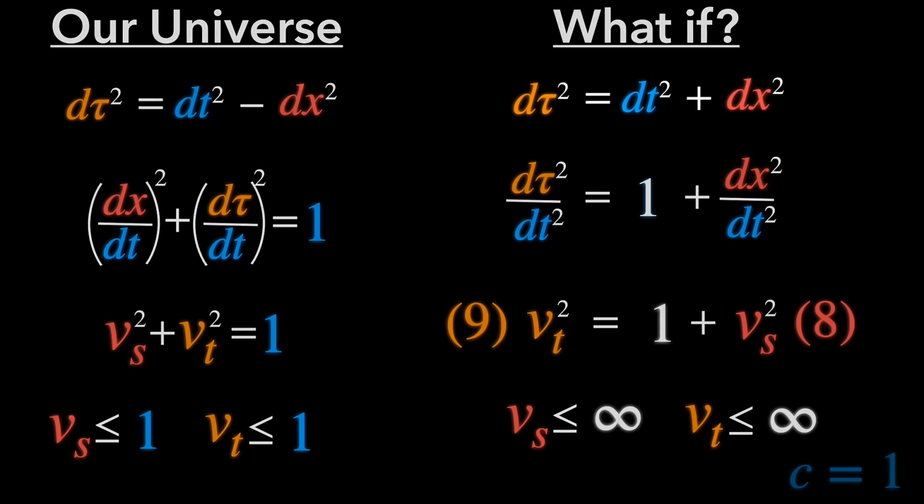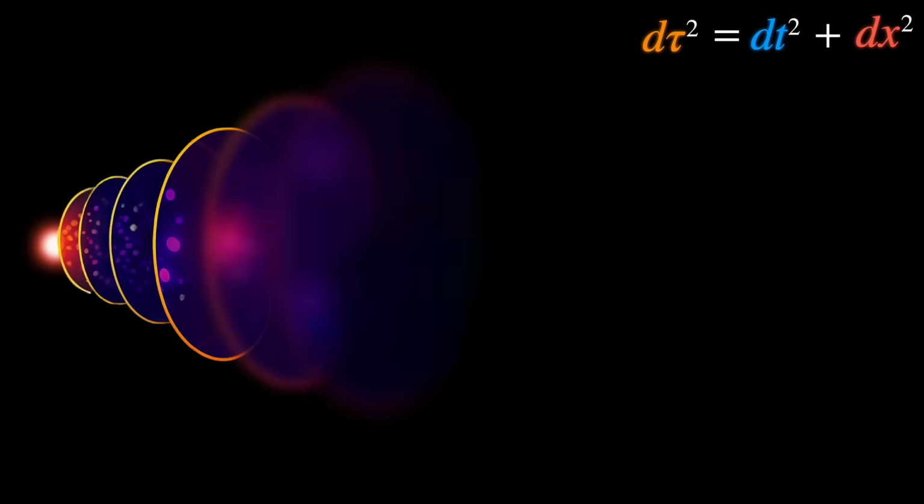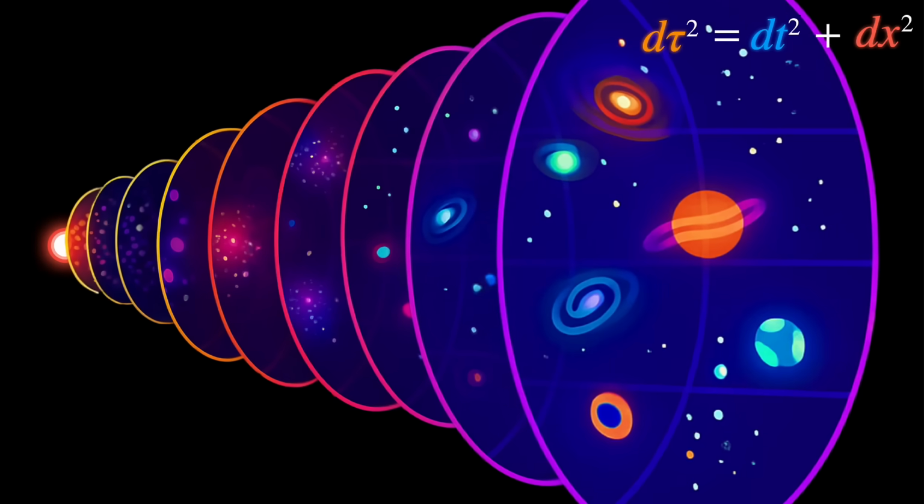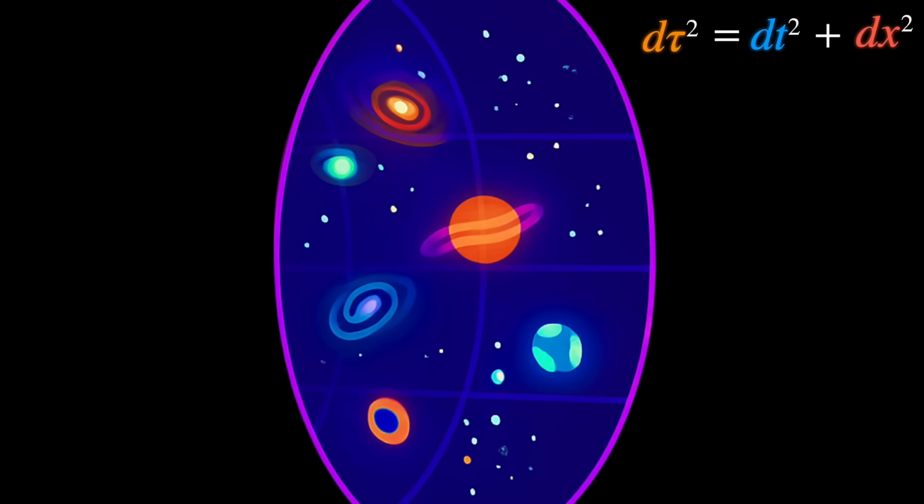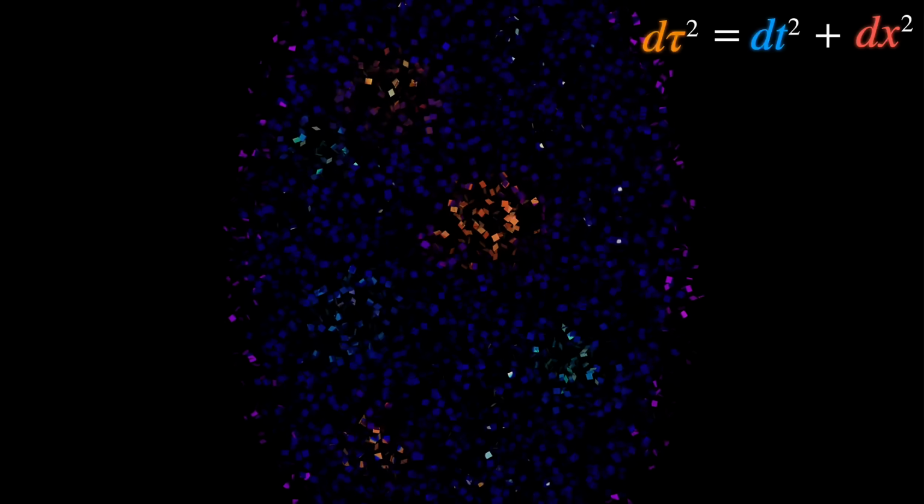Isn't that awesome? No, because if signals could travel at infinite speeds, then any changes, physical, chemical, biological, could all happen instantly. In other words, the entire history of the universe from the beginning to the end would happen instantly. The universe wouldn't make sense anymore.